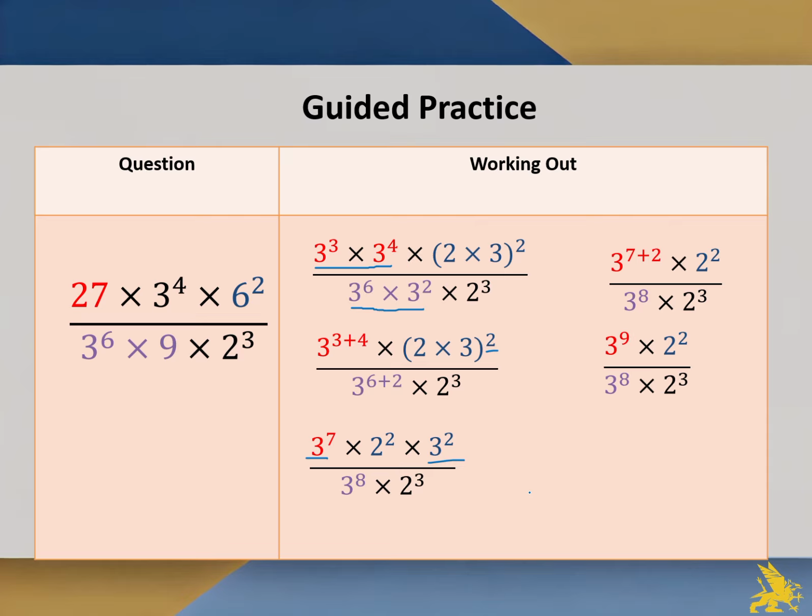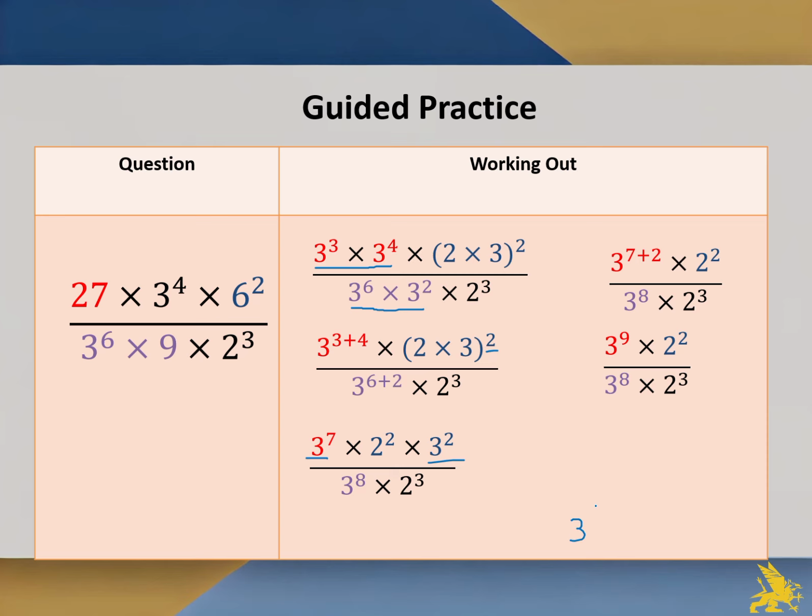This is where we can simplify it as the next step. So we are now looking at what is common. So here we can see we've got 3 to the power of 9 and 3 to the power of 8. So the step that we can do is our subtraction.